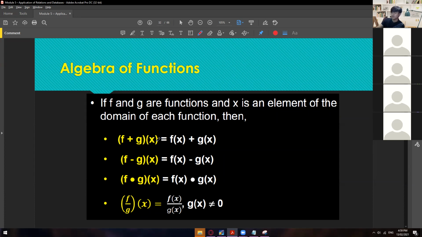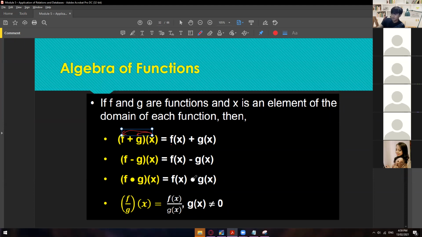It's like distributing this x to your first function and then to your second function, so you have this new formula, which is f of x plus g of x. The other operators are the same, wherein the only difference is the negative sign for the operator.